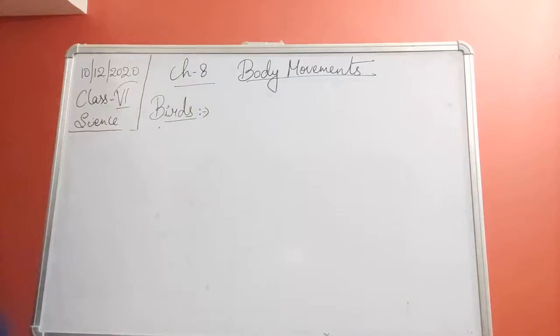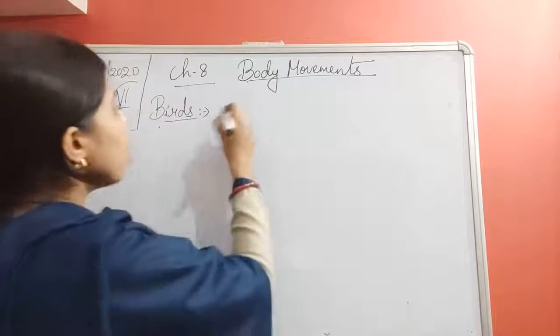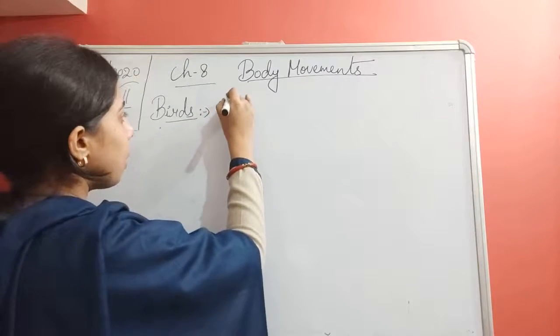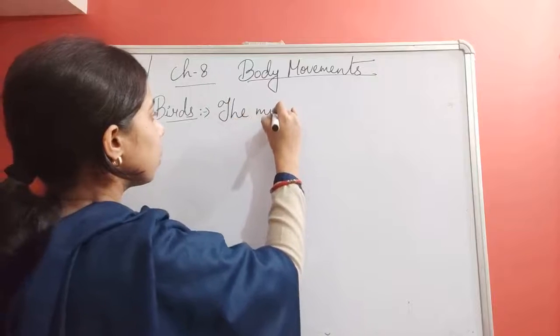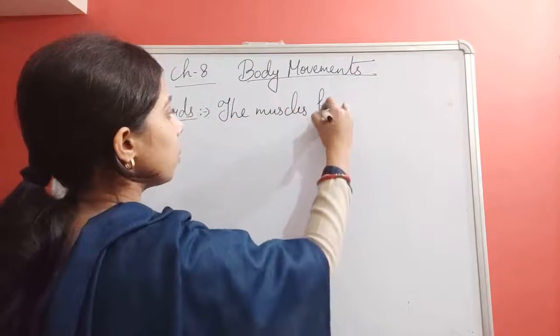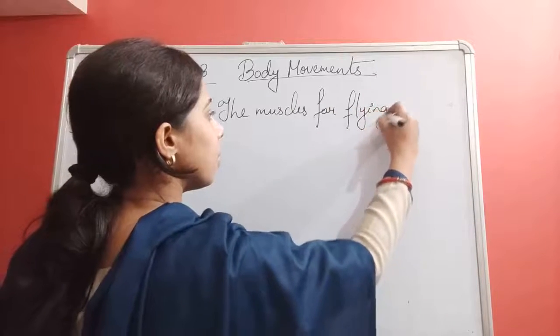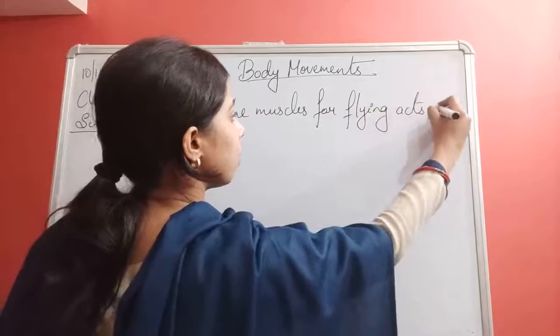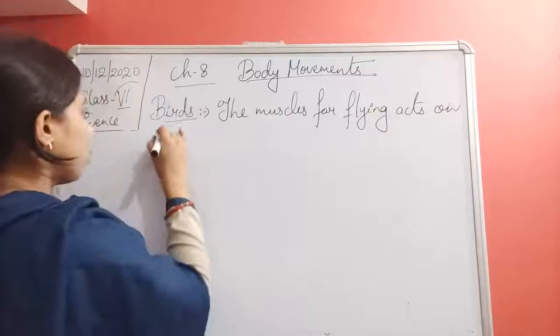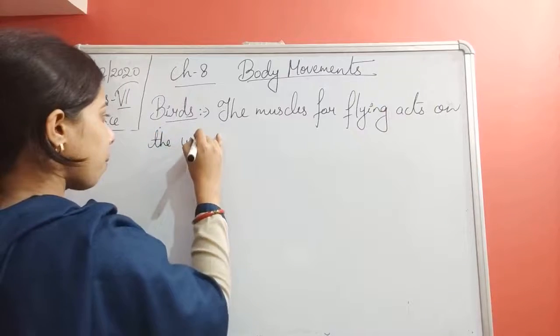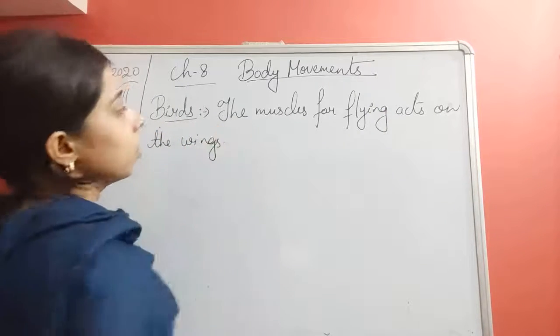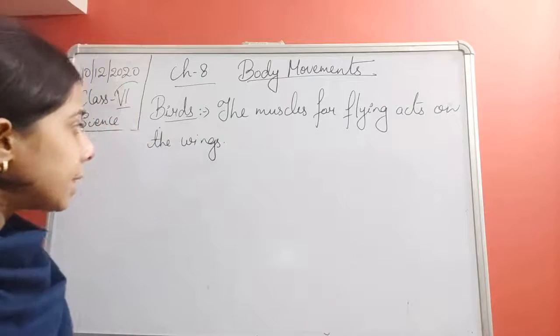So you see here, students, the muscles for flying act on the wings, we can write it. The muscles for flying act on the wings. How? The muscles for flying basically act on the wings.